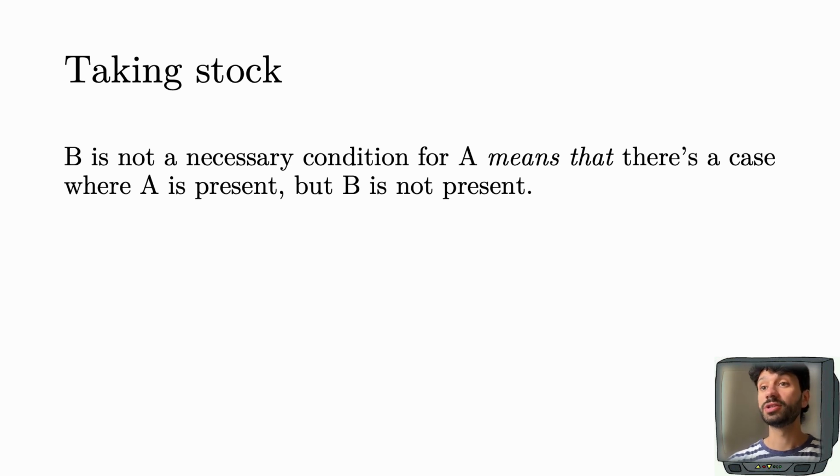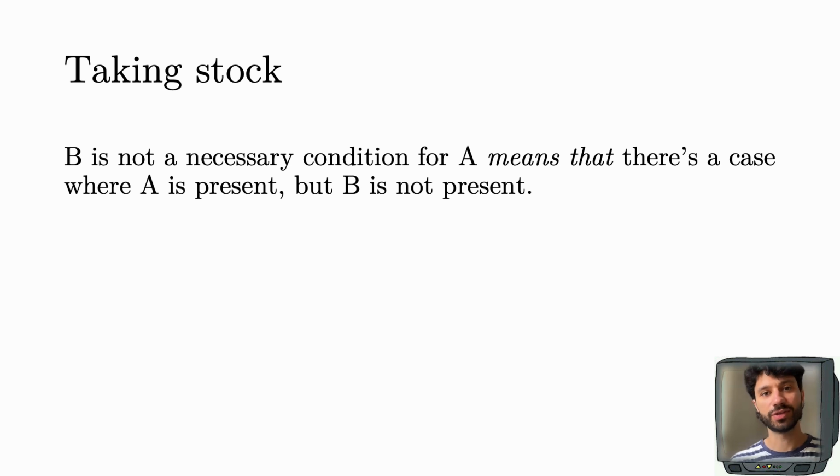So B is not a necessary condition for A. What that means is that there's a case where A is present, but B is not present. Because if B is a necessary condition for A, then whenever A is present, B is also necessarily present. But if it's not a necessary condition, then there's at least one case where A is present, but B is not.